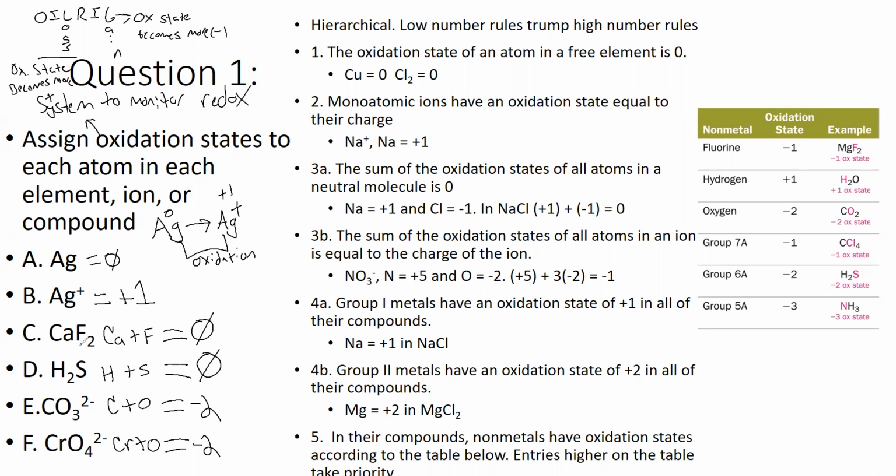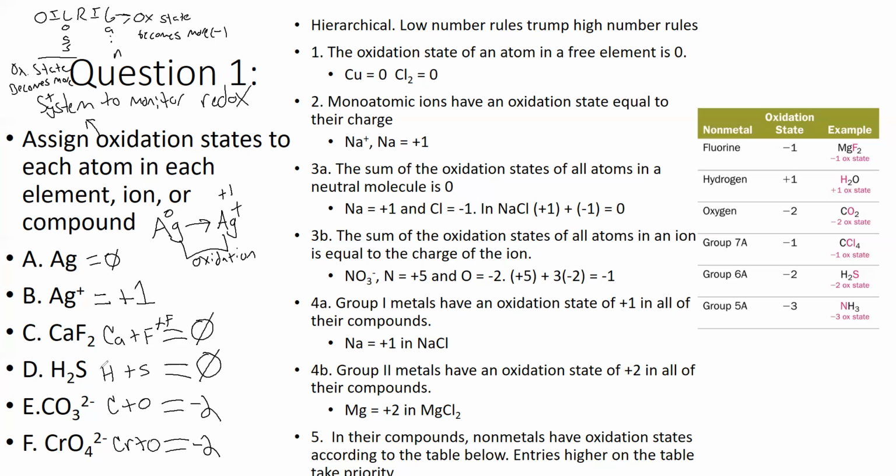And you can notice here, it's CaF2, but I only have one F. You could do Ca plus F plus F, H plus H plus S, and so on. The only reason I wrote 1 is because the oxidation number is the same. You have 2 fluorines, but each fluorine has the same number. That'll make sense in a minute.